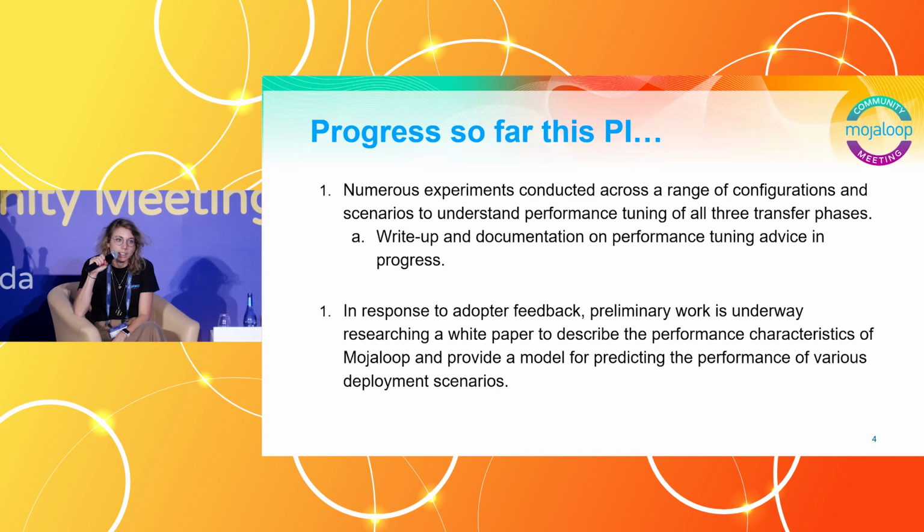Yesterday, we heard as well that there are different deployment models that adopters are considering, on-prem and in the cloud. So what we're looking at is a set of KPIs that will be measured in different deployment configurations. Right now, we are looking for labs to run this measurement.